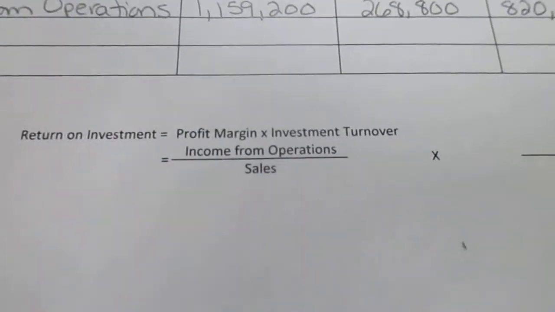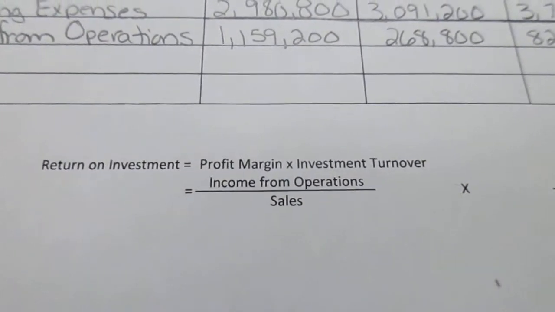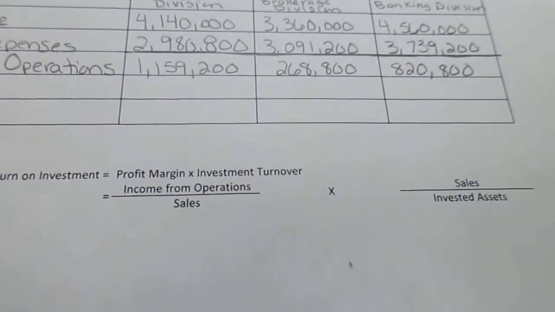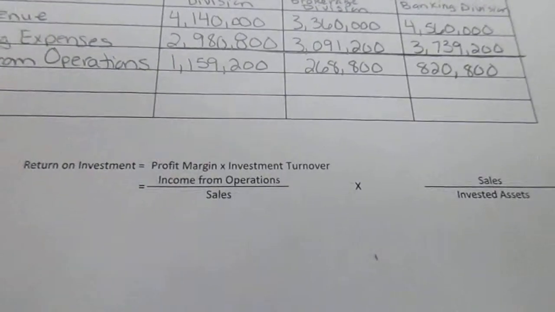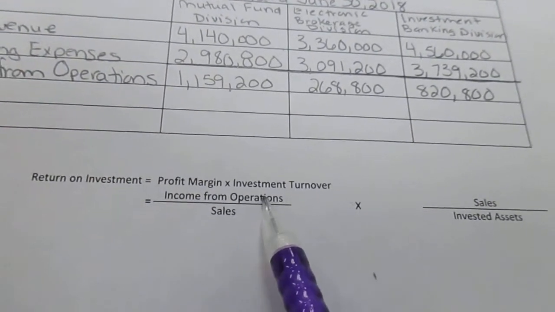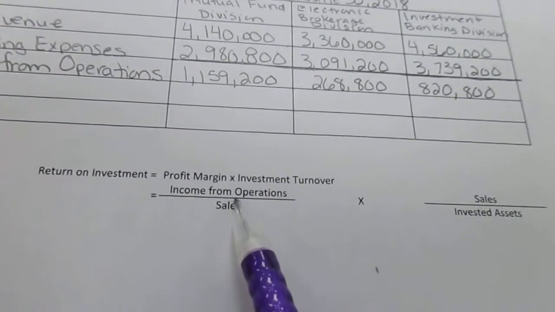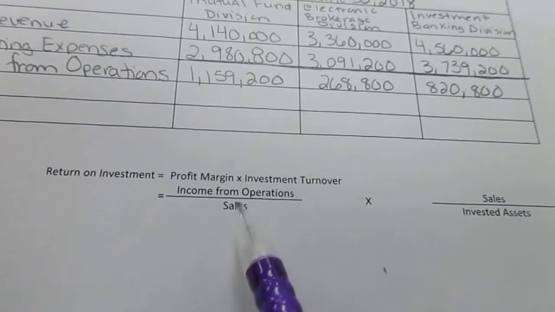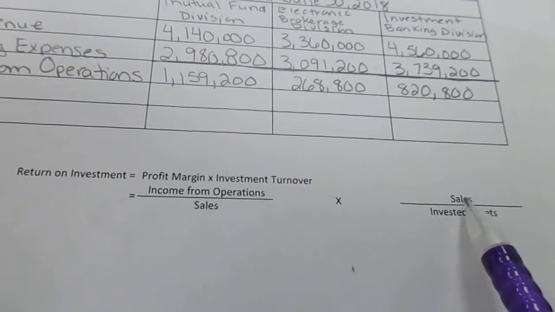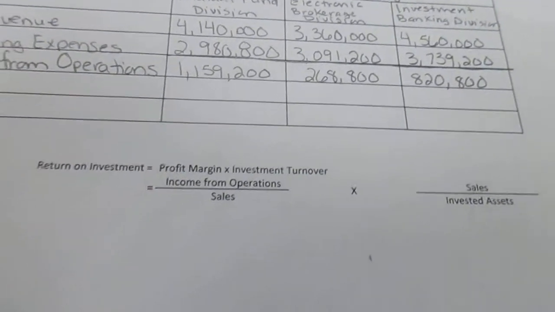Now step 2 says that it would like us to calculate the return on investment, the profit margin, and the investment turnover. In order, our return on investment we find by taking our profit margin times our investment turnover. Our profit margin is found by taking our income from operations divided by sales, and our investment turnover is sales divided by our invested assets.